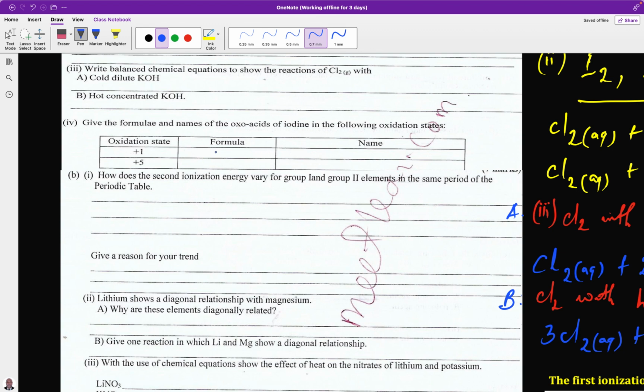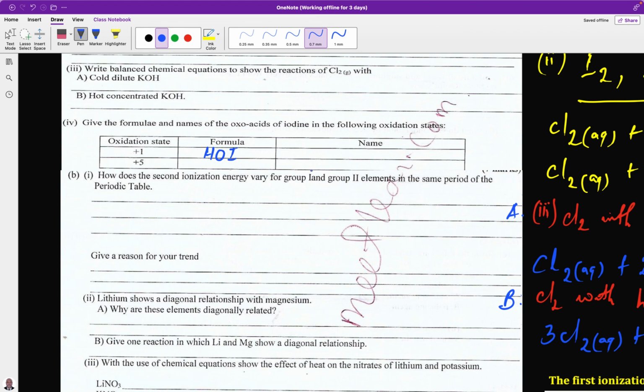In that case, the formula is HO. If it was chlorine, it will be HOCl. But since it is iodine, it's HOI.